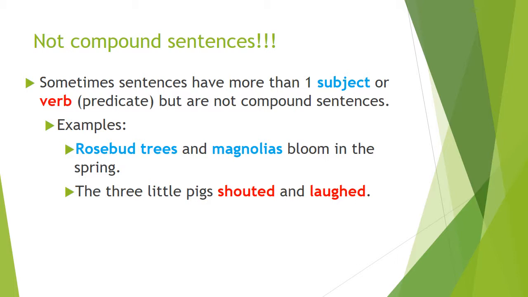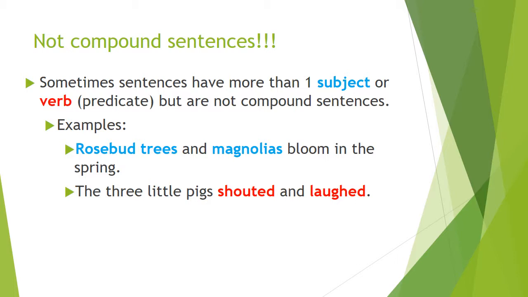These are not compound sentences. When sentences have more than one subject or predicate, they are not compound. For example, rosebud trees and magnolias bloom in the spring. This has one predicate but 2 subjects. It's not 2 independent clauses being combined with a comma and a coordinating conjunction.